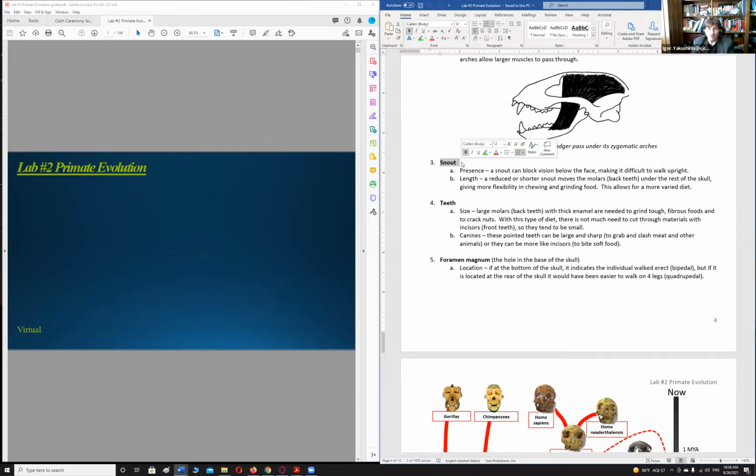So the snout presence, or how prominent the snout is, can tell me if it's bipedal or quadrupedal. And again, foramen magnum, if it's situated closer to the end of the skull, that's most likely a quadrupedal creature. The vertebral column enters like this because the creature is walking on all fours, because of the snout.